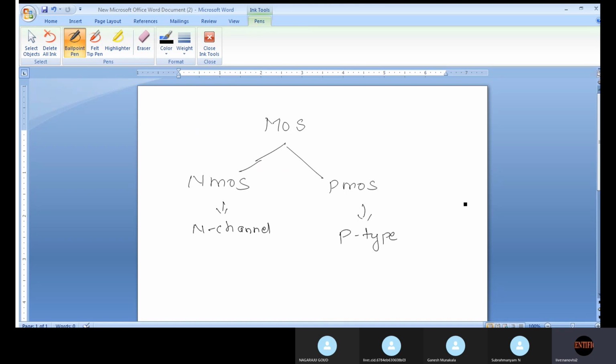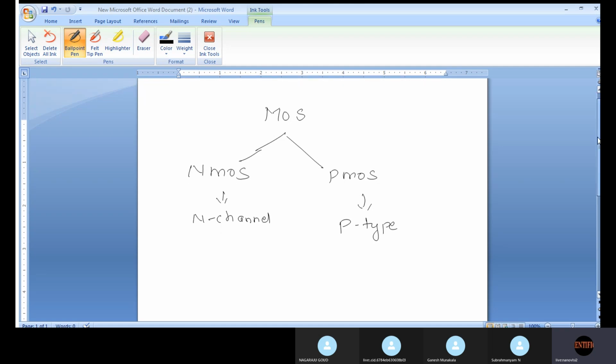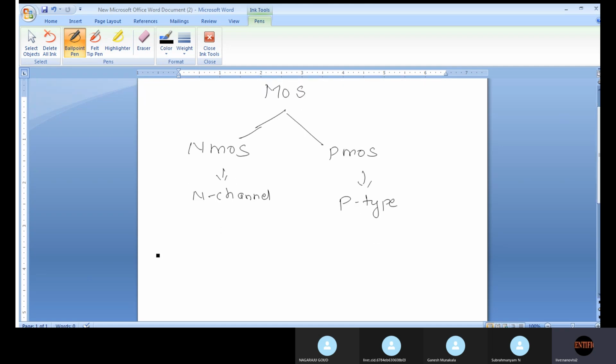To show you more clearly, this is your semiconductor. For NMOS, the substrate will be of P type. For PMOS, the substrate will be of N type.